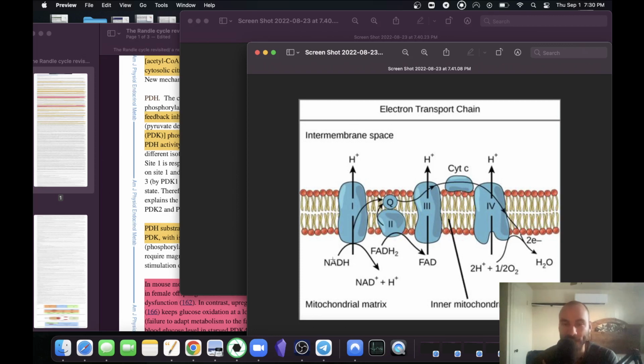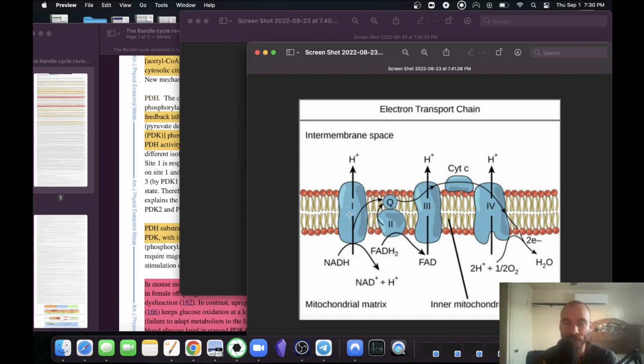Now the electrons from NADH and FADH2 move to their respective complexes here. So NADH drops 2 electrons off at complex 1, and FADH2 drops 2 electrons off at complex 2. Now, the electrons move to different enzymes, and as they move to these different enzymes, they pump H plus ions across the membrane.